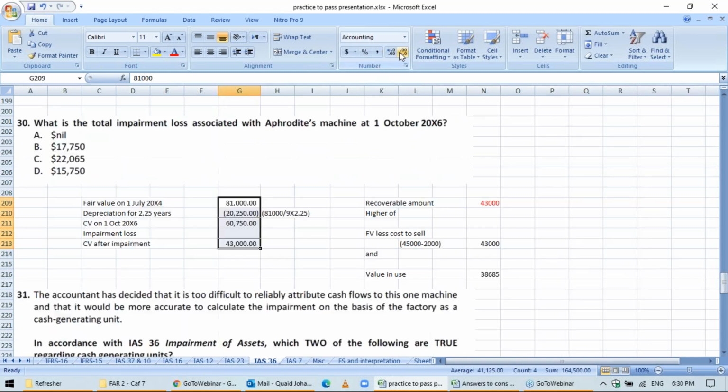We have to bring it down to 43,000 to report it correctly. So what is the difference? The difference is the impairment loss. 17,750 is the impairment loss. So the correct answer is B.